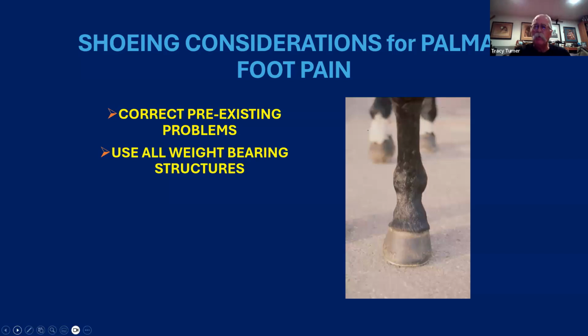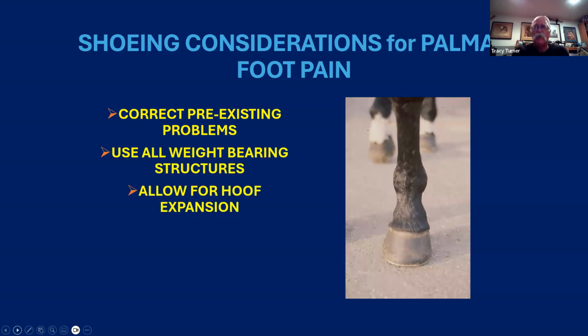Because when we use these materials where we can spread the weight out to that entire foot, it can really help the concussion on these horses. I like to put pressure on the frog if I can. But if that horse is really sensitive on the frog wedge, it's something I'll avoid during the shoeing.